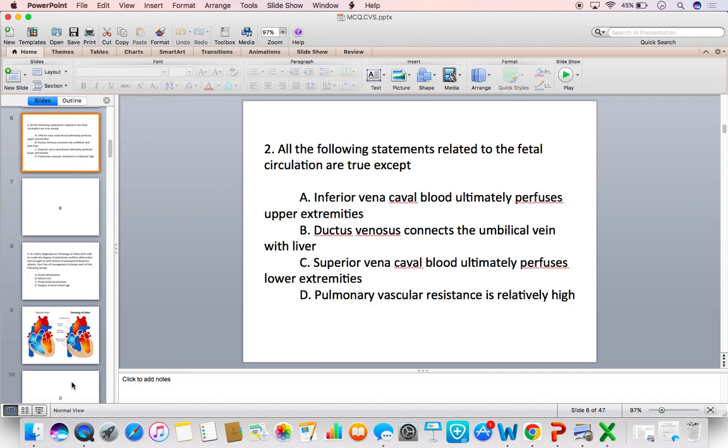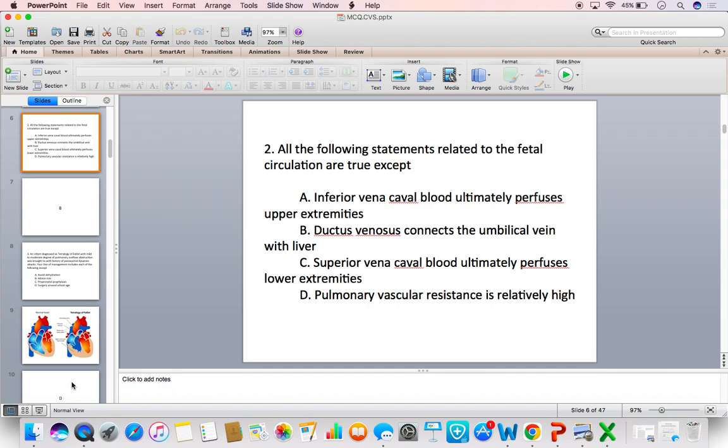That means it is the inferior vena cava blood going into the right atrium, from there pumped into the left atrium through foramen ovale, in turn goes into the left ventricle and pumped to the upper extremities and the brain through the branches of the arch of the aorta. So this explains that inferior vena cava blood ultimately perfuses upper extremities. Got the point? Yes, this is right on. This is the right option.